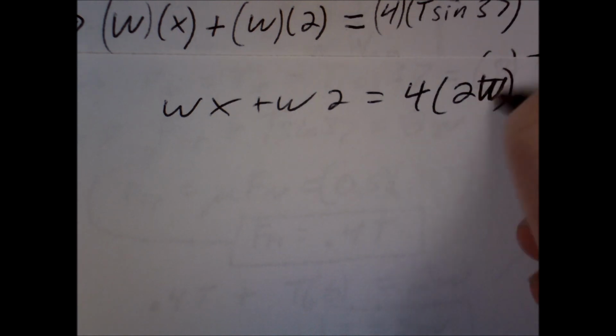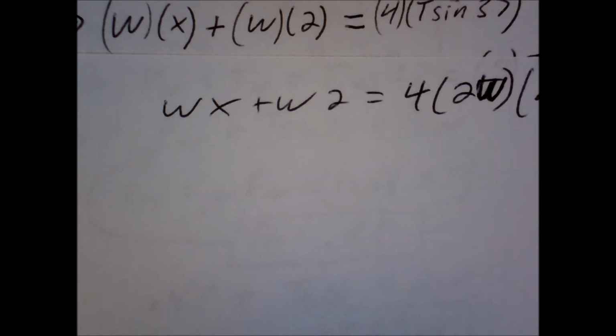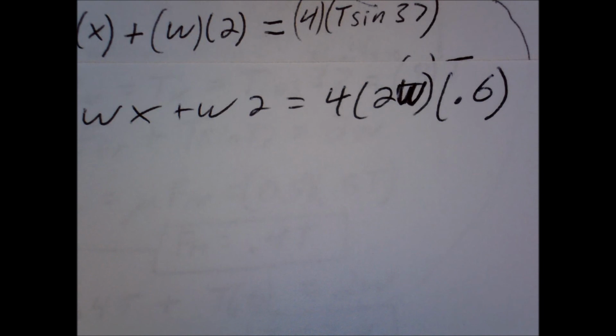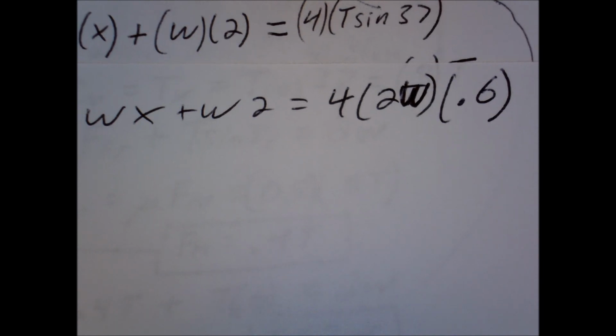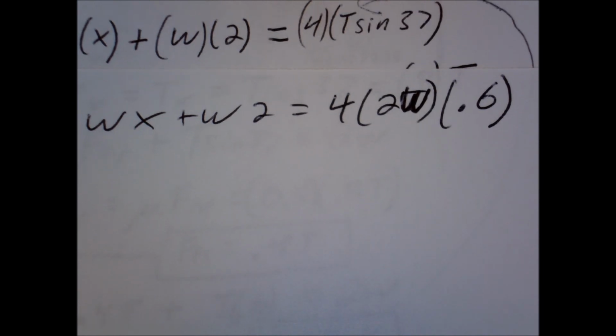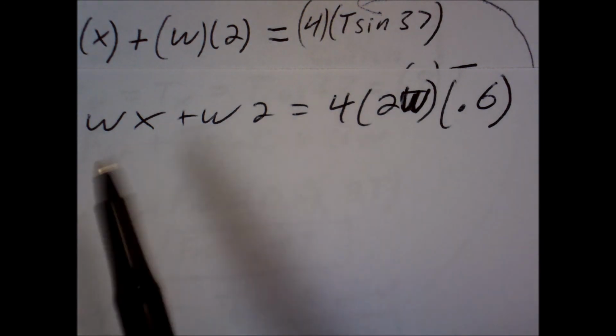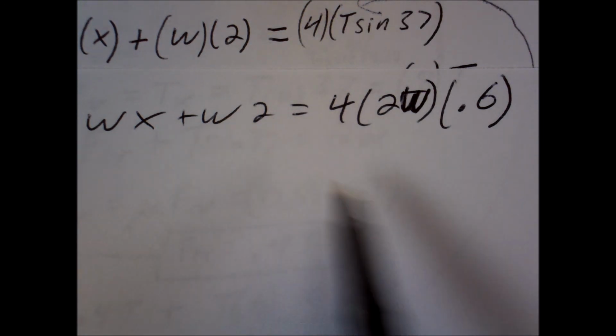Oops. 2W, and then sine 37 was 0.6. Notice here we have W in all 3 terms. What can we do with that?